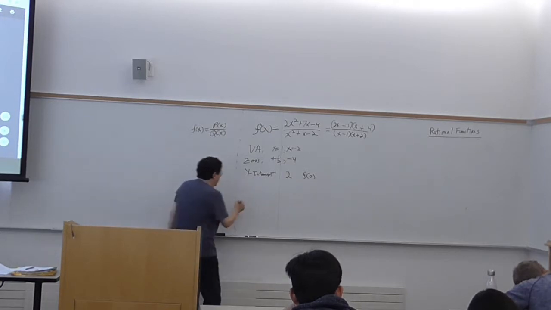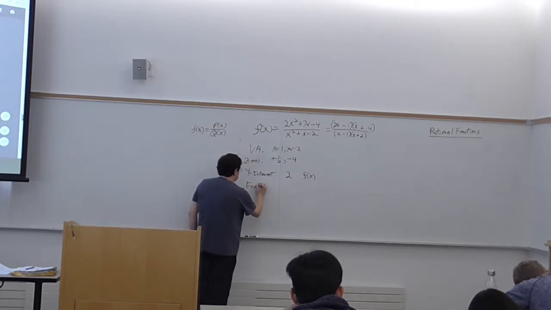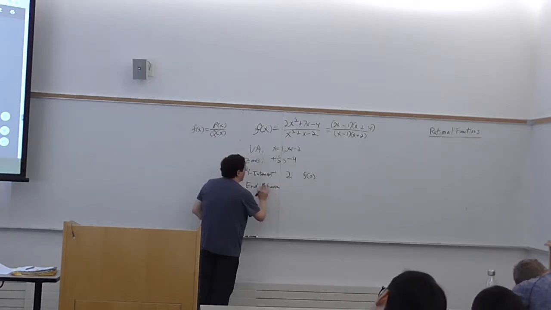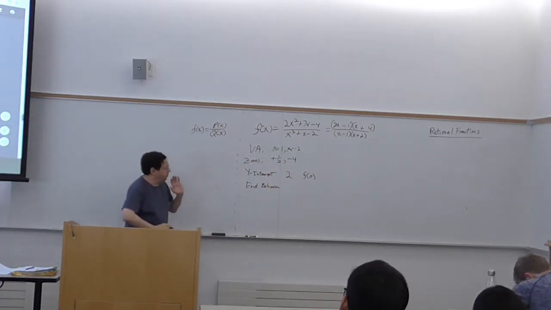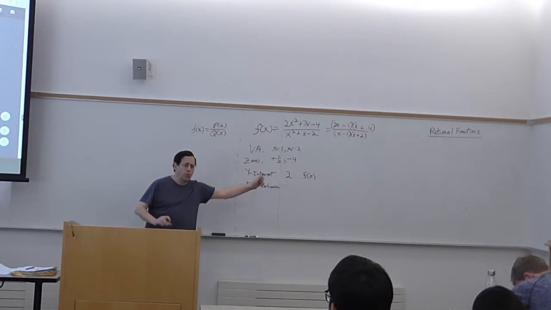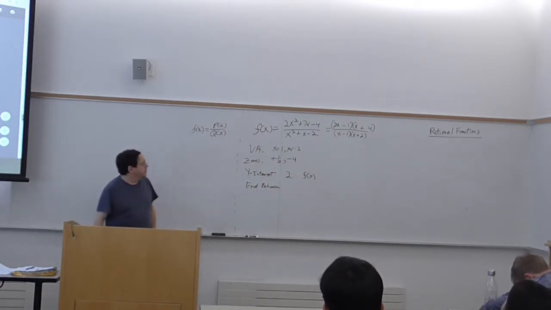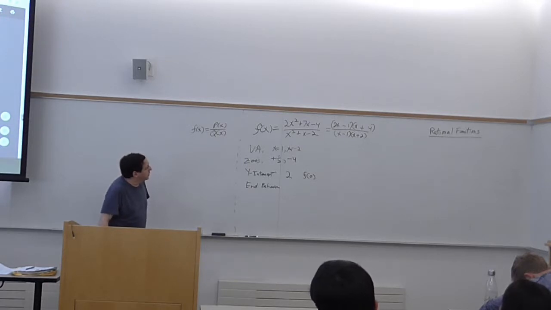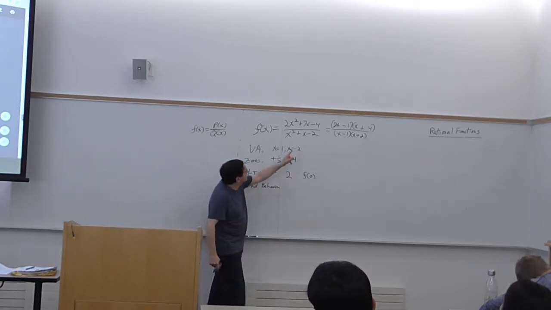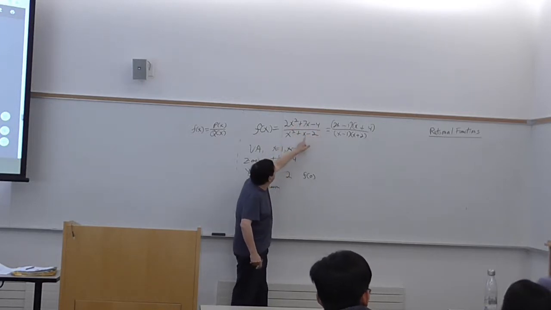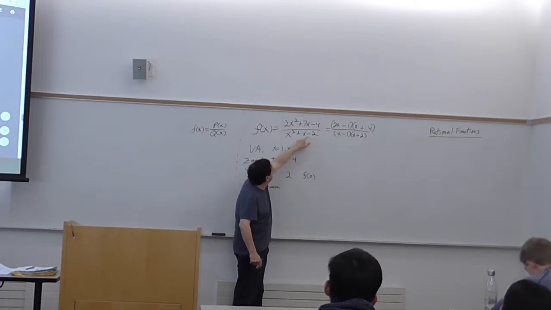What else do we want to think about? We want to think about the end behavior. We want to think about what happens to this function as we get very large or very negatively large. Okay, how do we do that? Well, when x gets very large, x squared is going to dominate here, and x squared is going to dominate here.